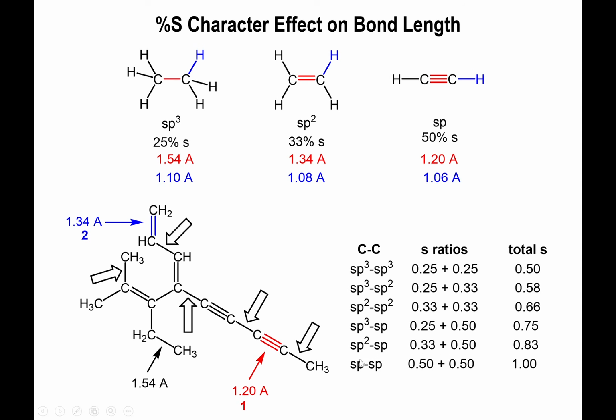So when you look at carbon-carbon single bonds that are sandwiched between sp and sp carbons, like the one that you see right here, this carbon-carbon bond is between an sp and another sp carbon. That's going to be the next shortest bond. The next one that follows will be an sp2-sp single bond. So we have an sp carbon right here. That's an sp3, so it's not quite. This, however, is an sp carbon, and the one next door is an sp2.